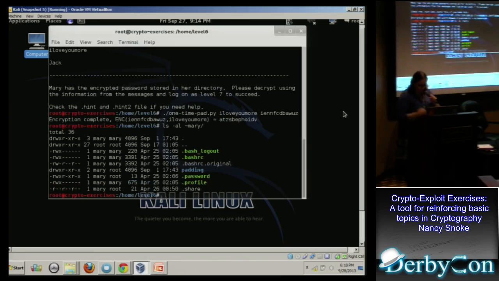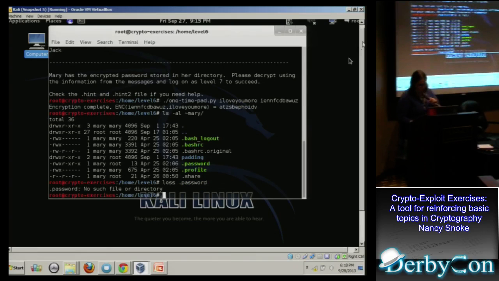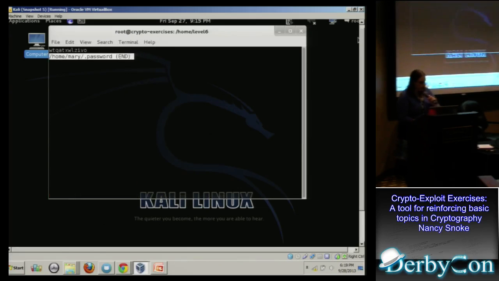So, listing her directory, we see the padding directory, and probably the .password file. And so then we have a password.